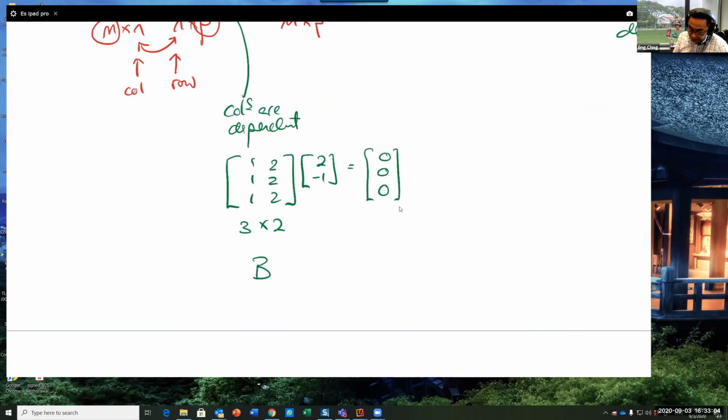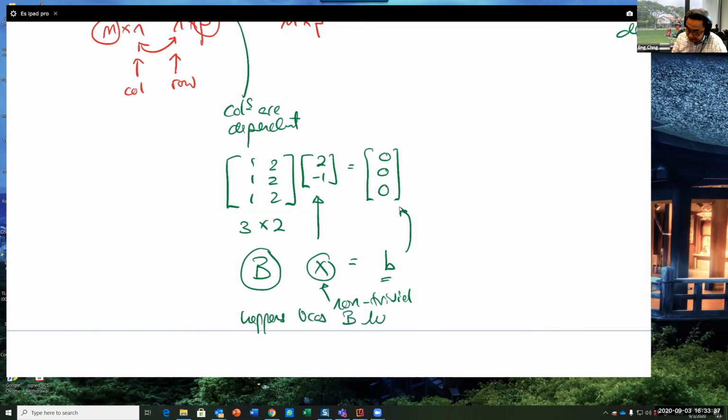I mean, basically we are saying B multiplied by, let's call this x, and let's call this maybe small b, we like small b. And then a matrix multiplying by a non-zero x gives you the 0 vector. And we call this non-trivial because x is not 0, but yet the output of Bx is 0. And this only happens because B has dependent columns.